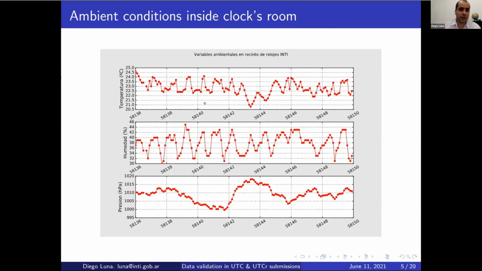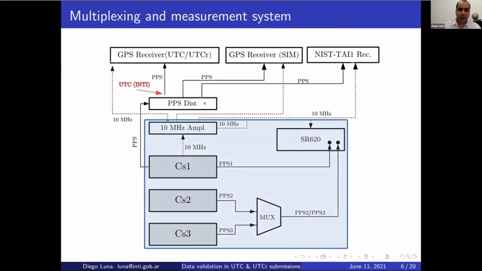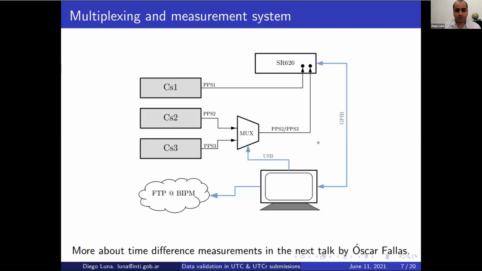We measure, as usual, temperature, humidity, and pressure in a permanent way, 24 hours a day. And I will first describe this measurement system, which consists of the 3 clocks, a multiplexer, and the time interval counter.